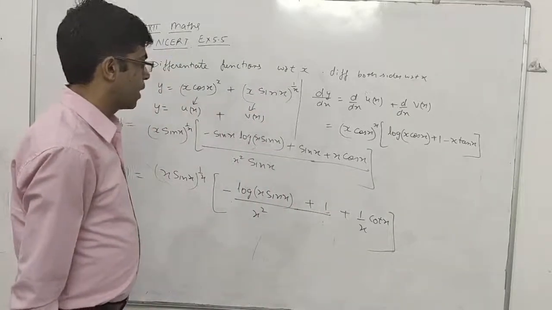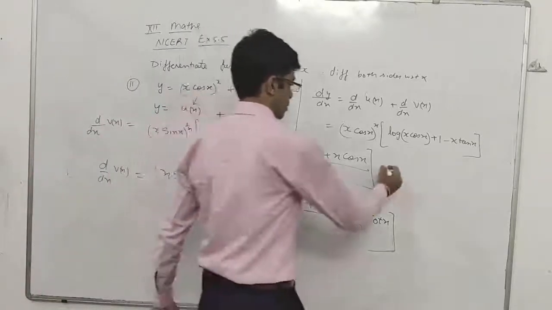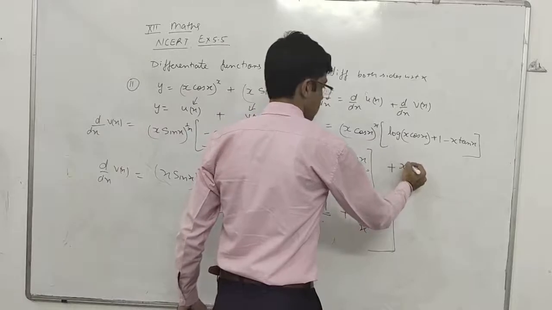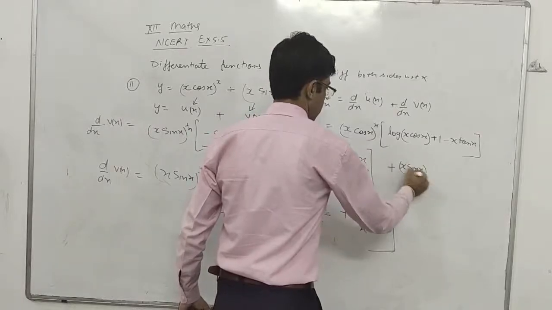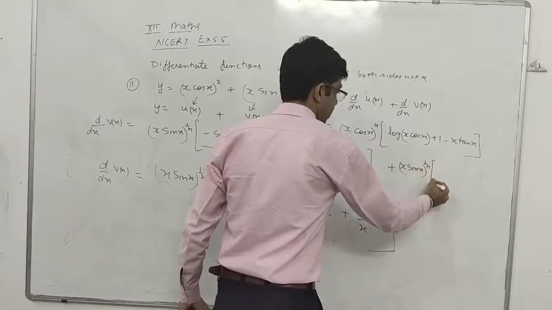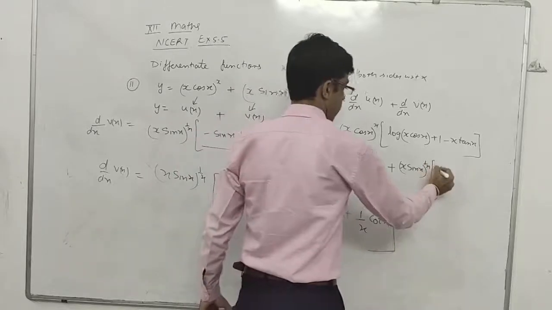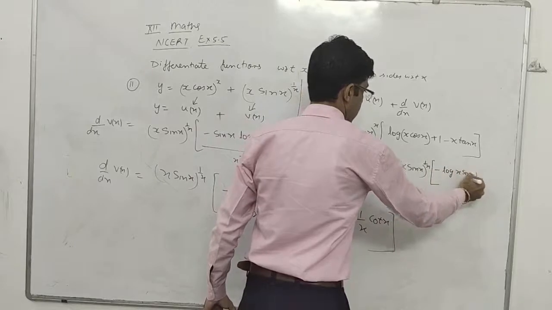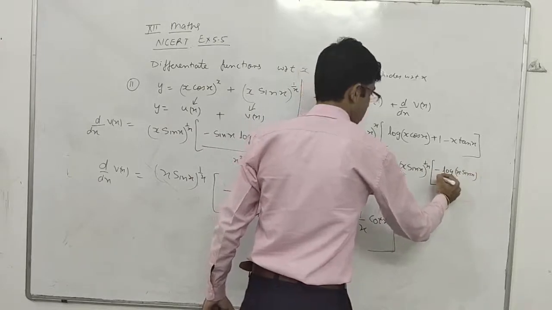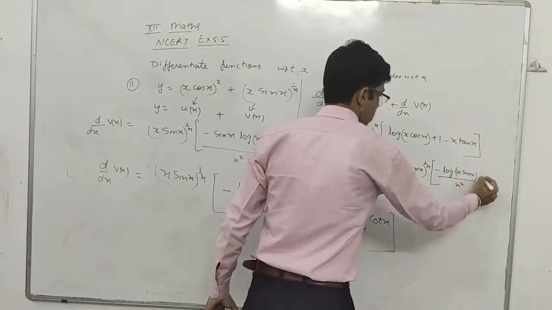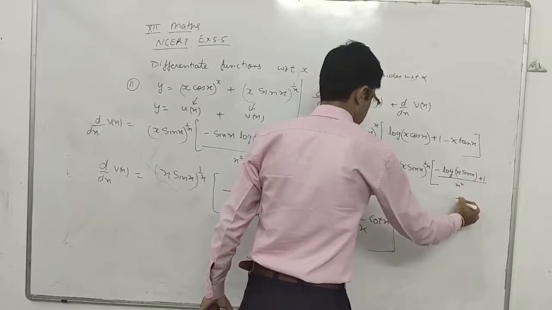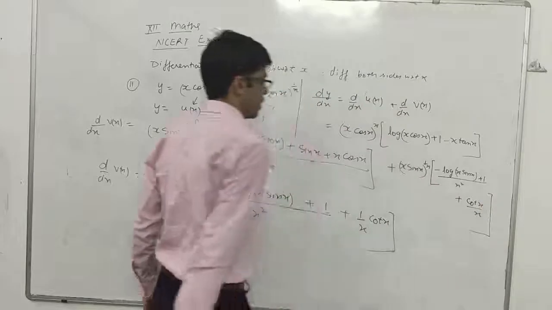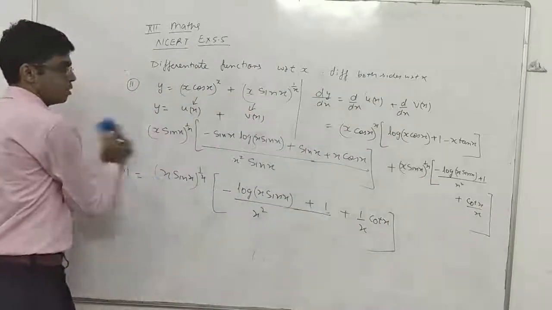So finally we can write our answer: (x sin x) raised to the power 1 by x, bracket start, minus log (x sin x) upon x square plus cot x upon x, bracket close.